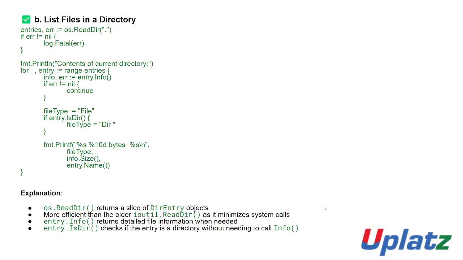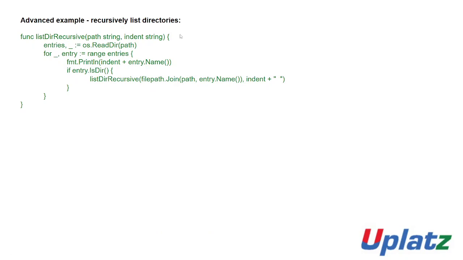Okay, and an advanced example. Here is the advanced example, that is recursively listing directories. func recursive(dirPath string, indent string), then entries := os.ReadDir(dirPath), then range entries, and if IsDir, then it calls recursive.